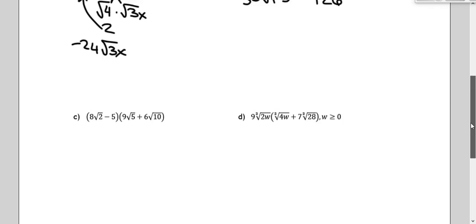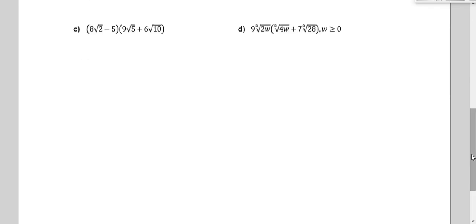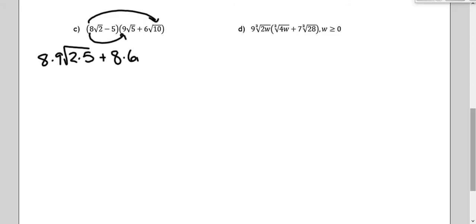Our next one is a binomial multiplied by a binomial, so make sure to go slow. So 8 root 2 here. So 8 multiplied by 9, root 2 multiplied by 5 here. So plus 8 multiplied by 6, root 10 multiplied by 2.